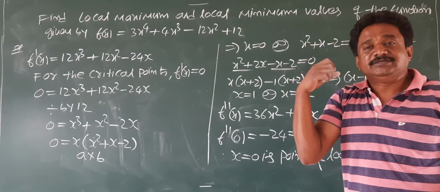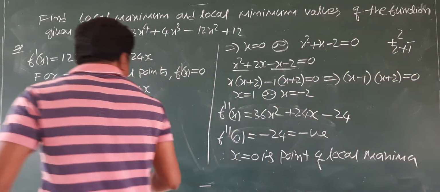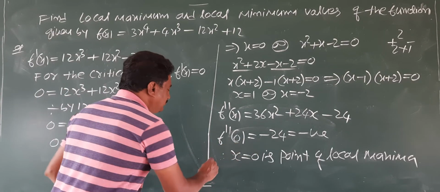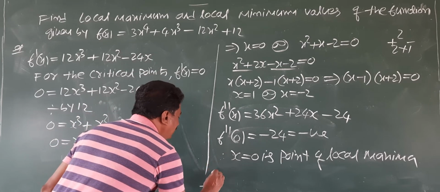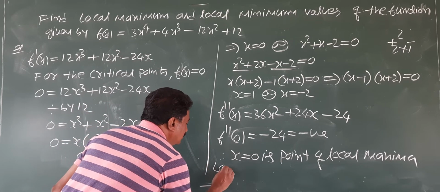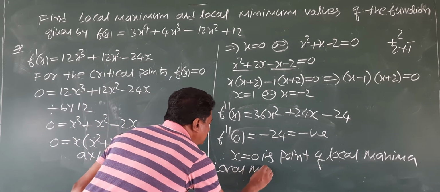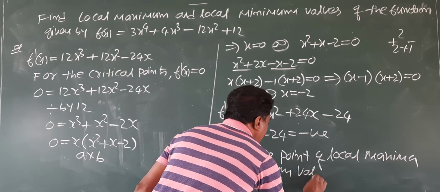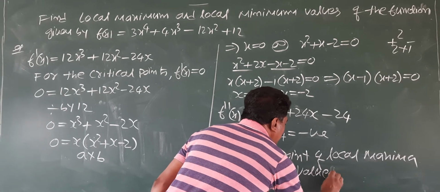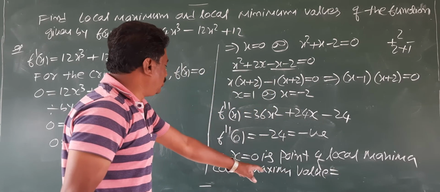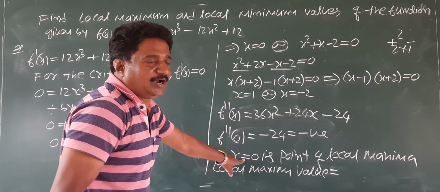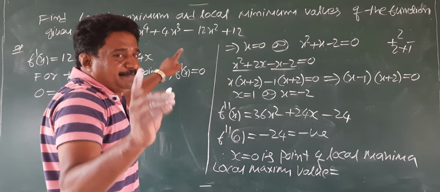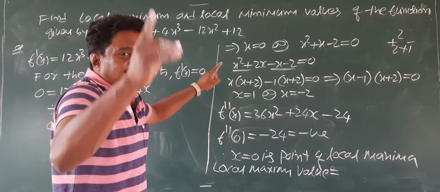It's completely different. Let us find maximum value. So local maximum value is equal to, since this is a maximum point, if I put x equals 0 in f(x), I must get the local maximum value.